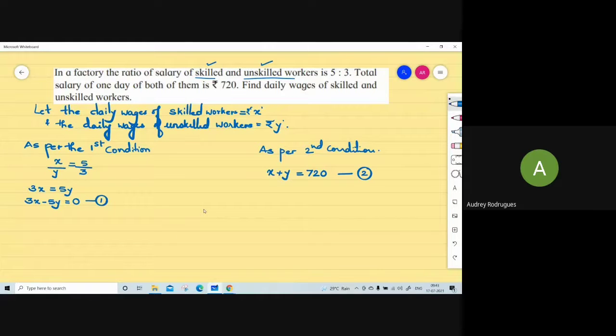Are you already solving? Yes, teacher. Okay, start solving.